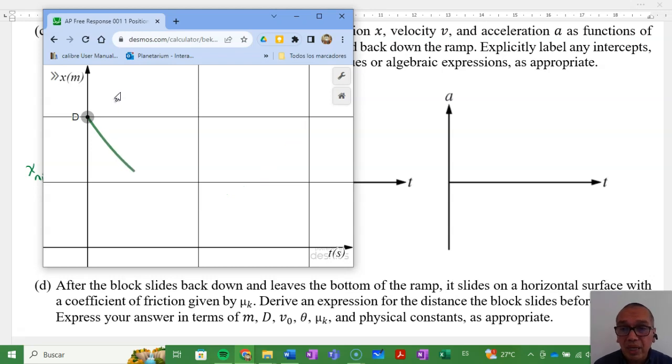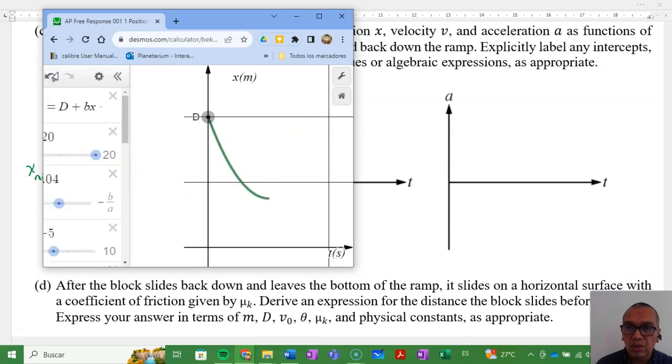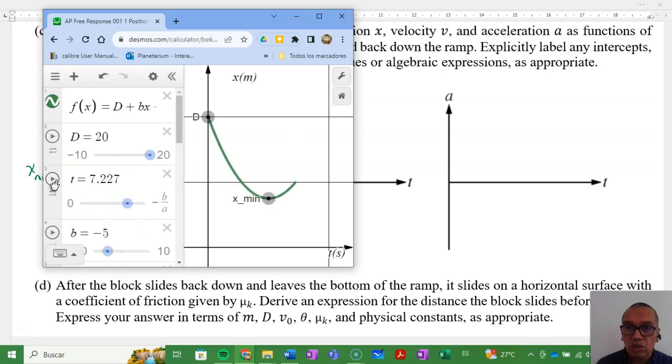What is the physical meaning of this? In the first part, the block is moving up the ramp, getting closer to zero. In the second part, it is moving down the ramp, going in the positive direction, so that's moving actually away from zero. And so that's your position equation.